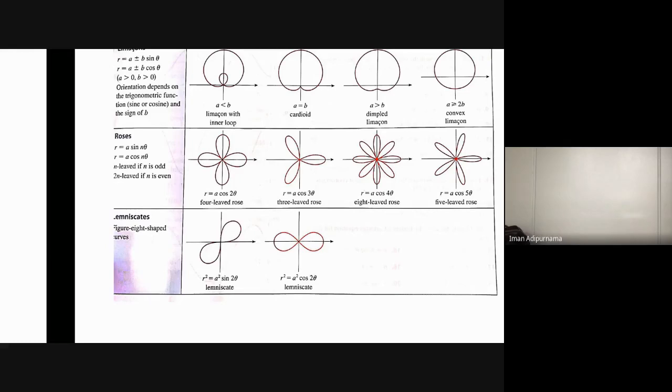For example, if you need to find just this one loop, you can find from what angle until what angle. Okay, so this angle and this angle, right? Or from 0 until here and then multiply by 2. That's also okay. That's what we will do in the calculus part.